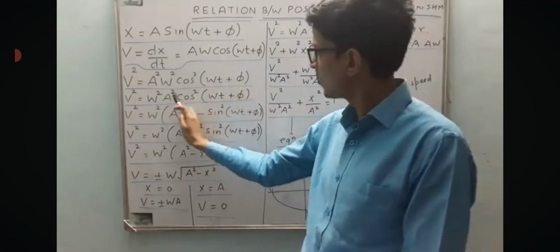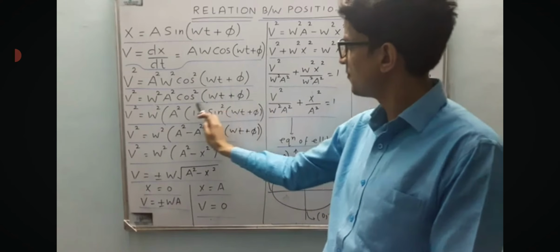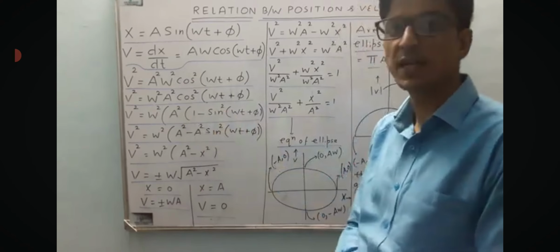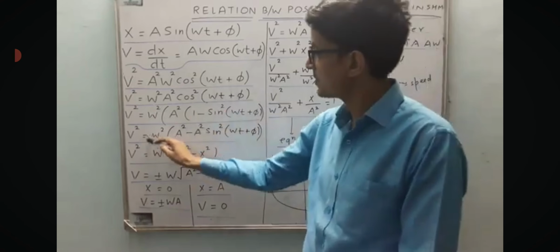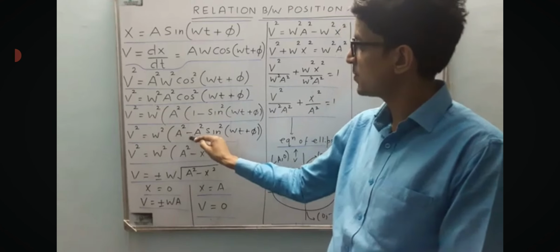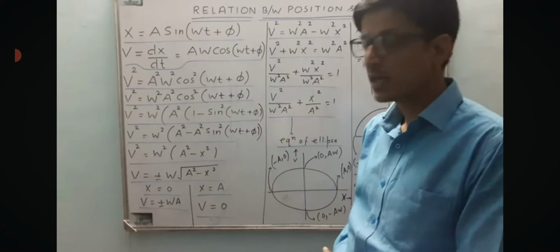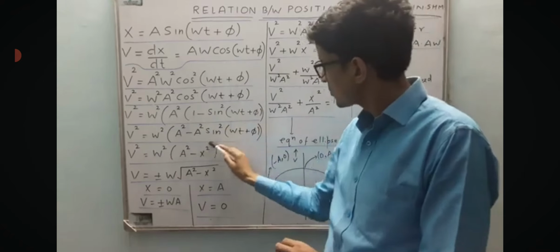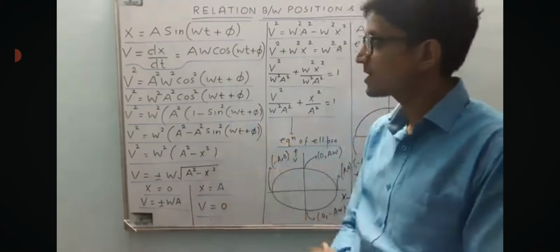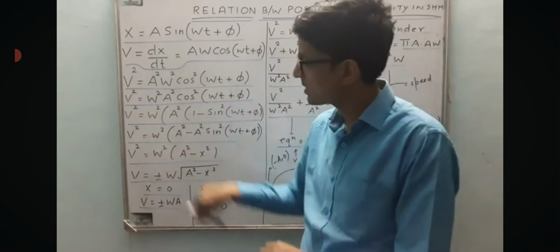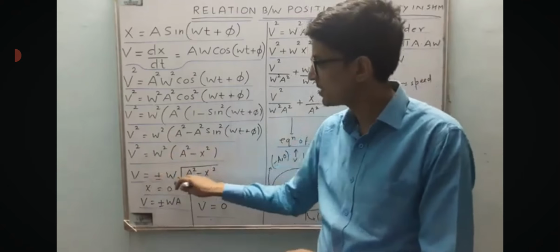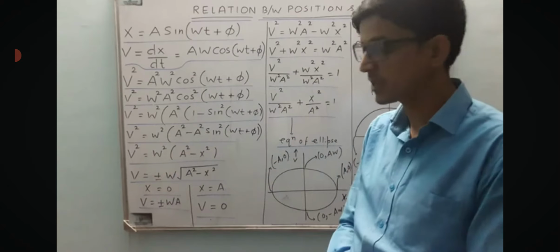Now I can write cos square(omega t plus phi) as 1 minus sin square(omega t plus phi). So we have v square is equal to omega square multiplied by a square minus a square sin square(omega t plus phi). Now a square sin square(omega t plus phi) can be written as x square. Now taking the square root, we have v is equal to plus minus omega root of a square minus x square.